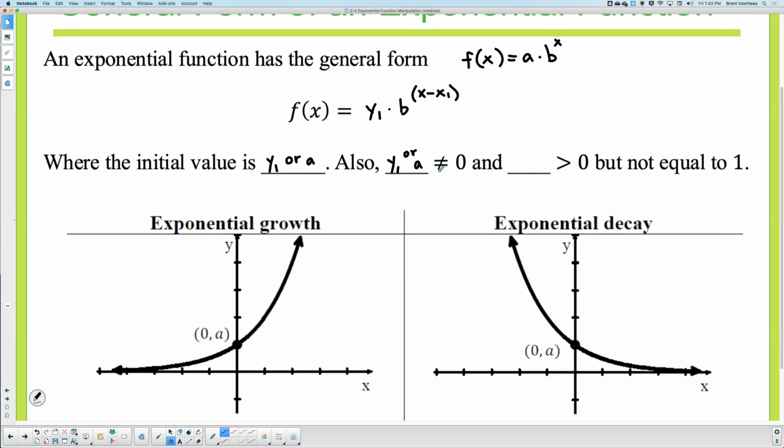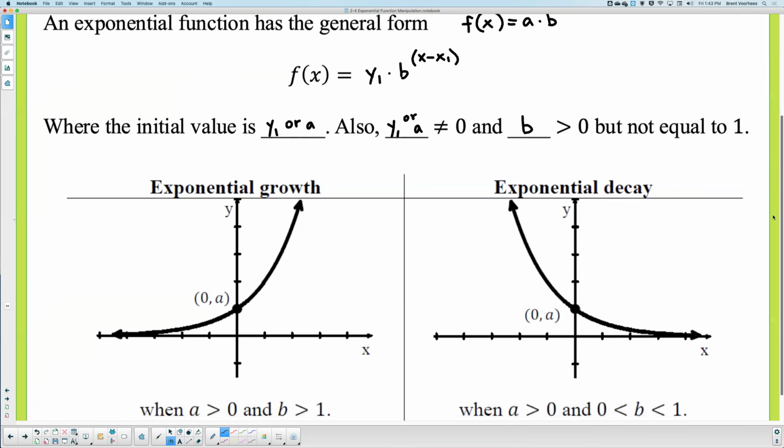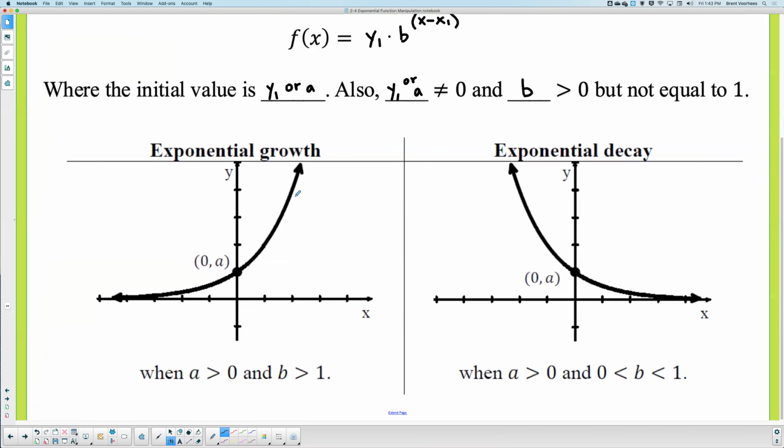Now let's talk about the base. This base must be positive. That's what greater than 0 means. Base must be positive, but it cannot equal 1. If the base itself was 1, 1 to any power is 1, and then you're just left with a constant function, it's not exponential. So based off that, we get these basic graphs. Now, they had the point here, 0, a.